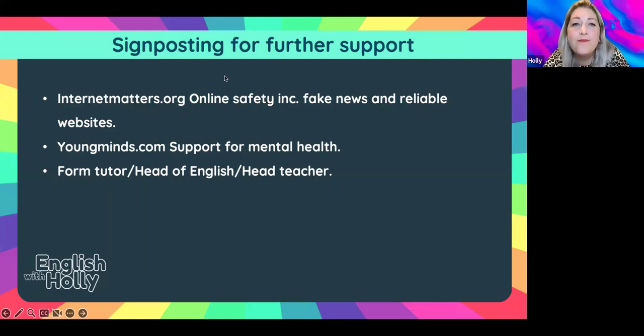Okay. Right, so as I said, here's some information that you might find useful. And I would always refer you to form tutors, head of English and head teachers if you have any other queries.